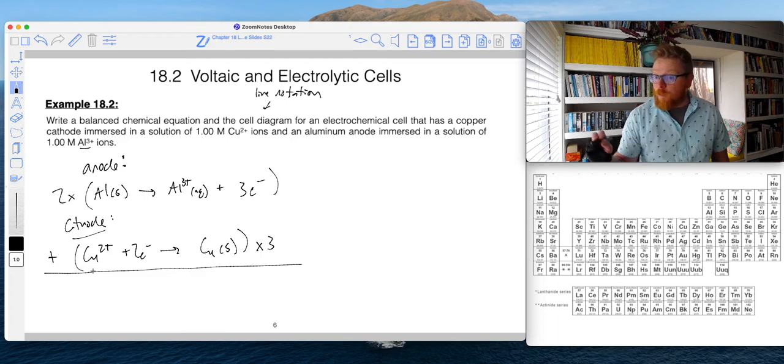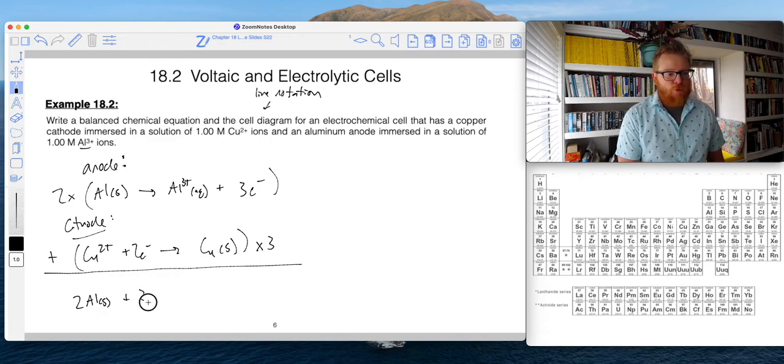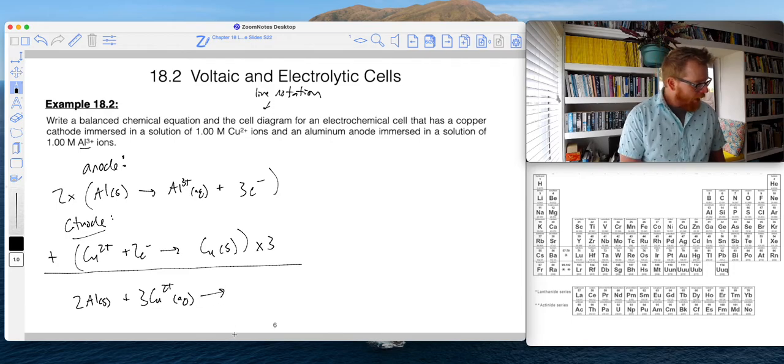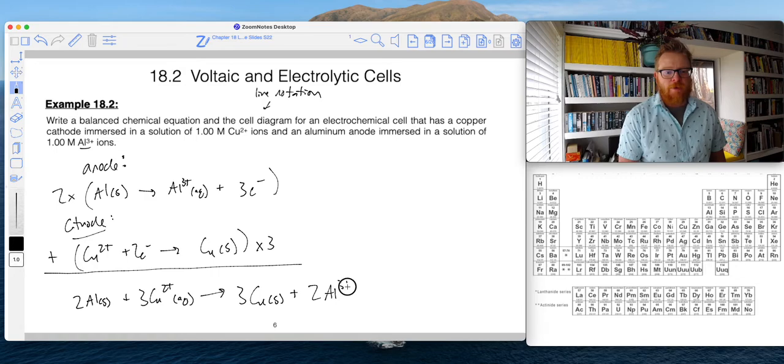And my total balanced reaction for this electrochemical cell will be 2 aluminum solid plus 3 copper 2 plus, aqueous. The 6 electrons and 6 electrons cancel. And now that makes 3 copper solid plus 2 aluminum 3 plus.